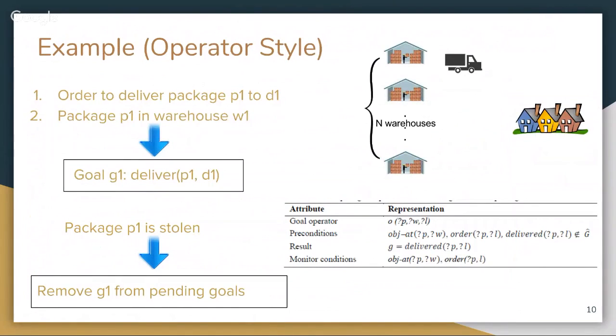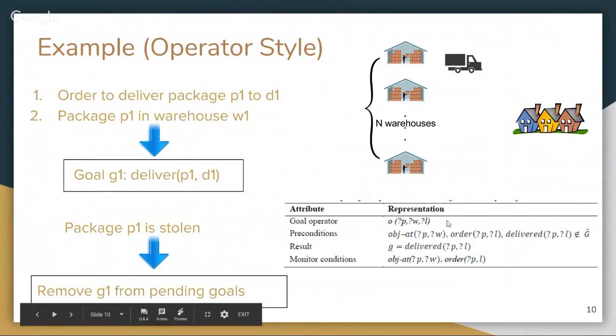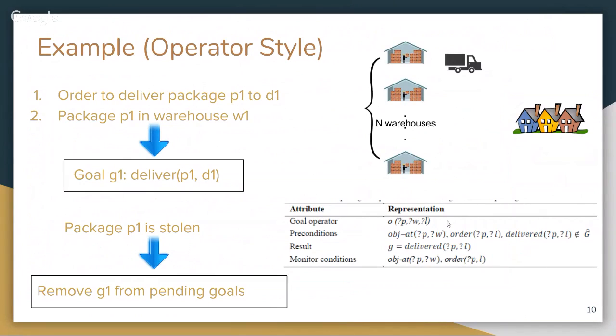This is an example for operator style. Here, you can see that this is our goal operator, and the preconditions are that a package exists in a warehouse and an order exists for that package. If they are met in this state, then a delivery goal will be generated to deliver the package to the destination.